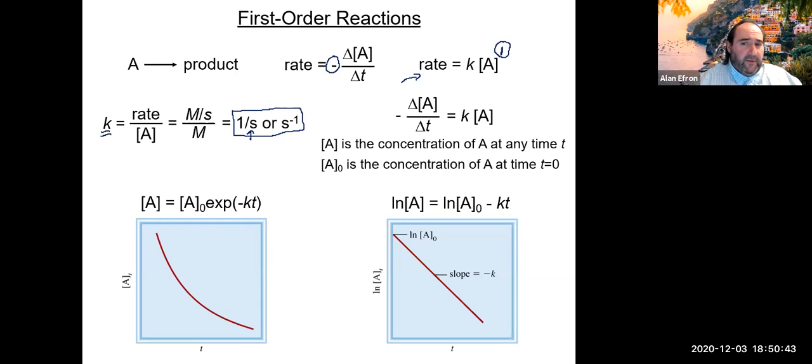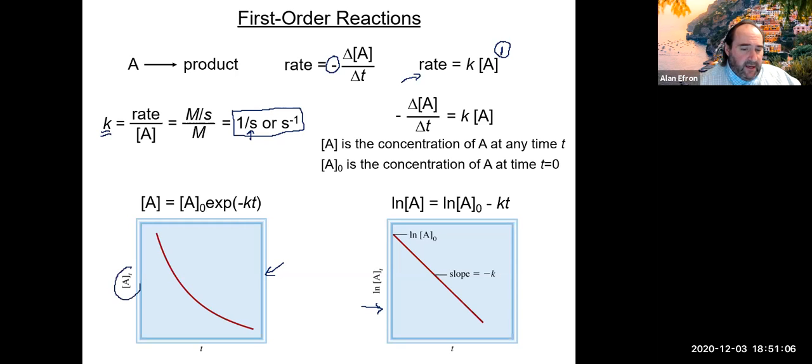The other reason why it's really important is because we do have what are sometimes referred to as integrated rate laws. And we have an integrated rate law that deals with basically the change in concentration and the change in time that occurs. And what we see on the bottom is actually two graphs that are associated with a first order reaction.